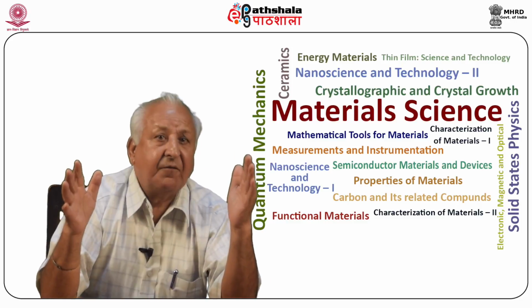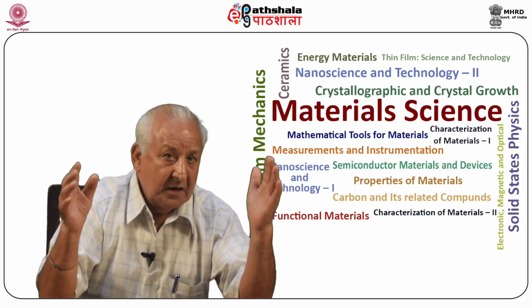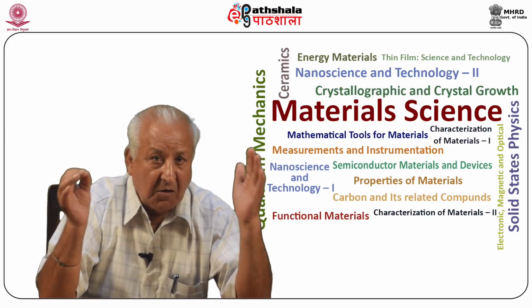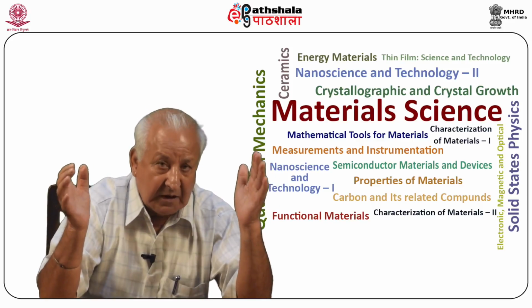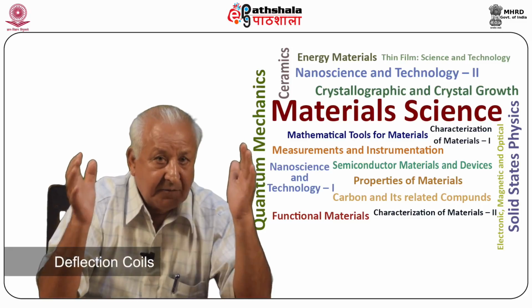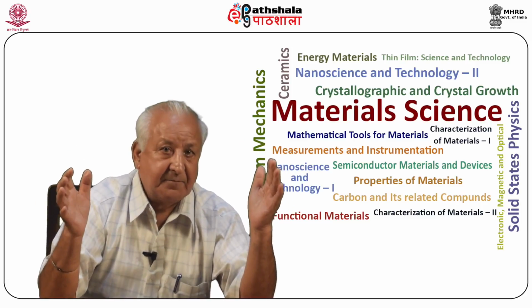The design of SEM and EPMA is very similar. The EPMA consists of an evacuated column containing an electron gun, electron lenses, and deflection coils to scan the beam across the specimen.